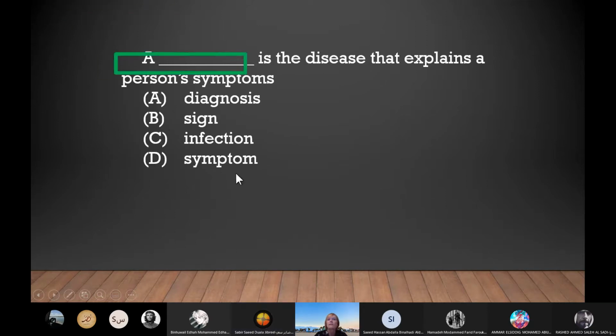No, this is what we call a diagnosis. A diagnosis is the explanation of a person's symptoms. Sorry, I shouldn't have the disease in there. I'll correct that. This is what the doctor thinks is wrong with you. He's looked at your symptoms, maybe he's looked at your signs as well, but he's come to a conclusion about this disease. This is what we mean by diagnosis, when he diagnoses a disease.